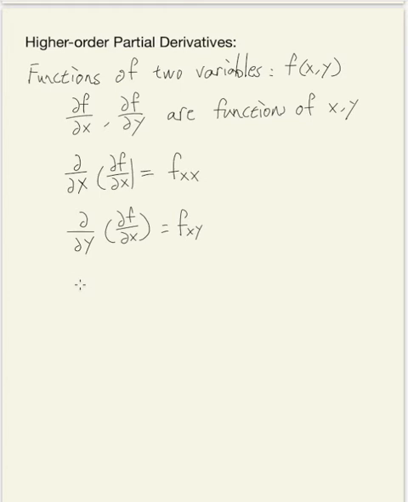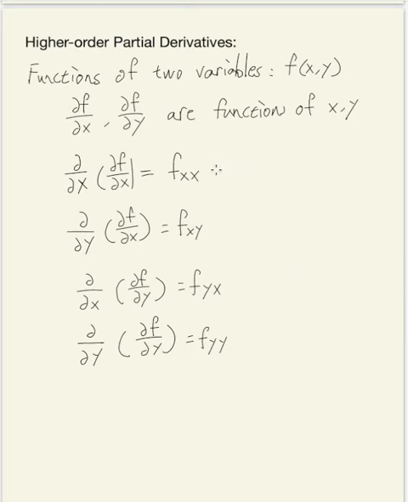Similarly, if we consider df dy, it is once again a function of x and y. Therefore, we can take two partial derivatives, d dx and d dy, and put them in the subscript notation. Remember that we compute the stuff inside the parentheses first, so we have f y first, then x, and this is f y y.